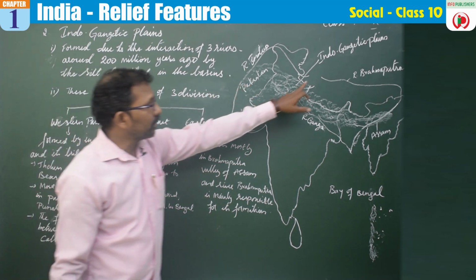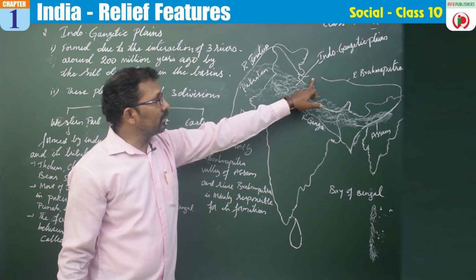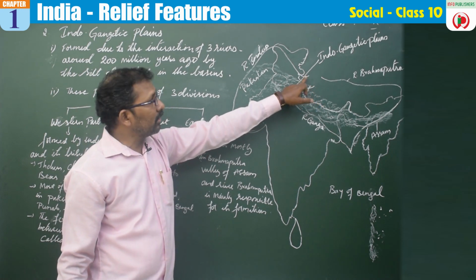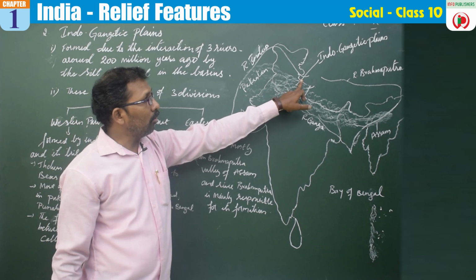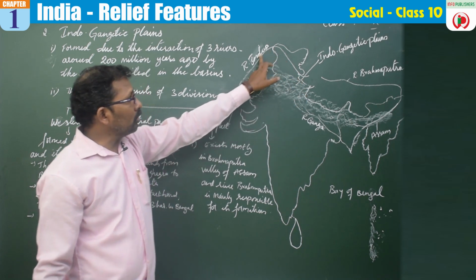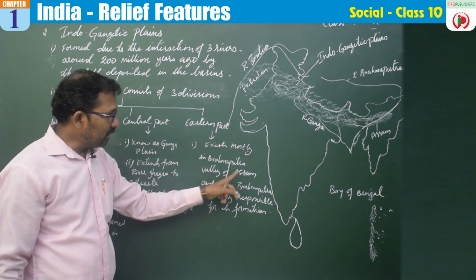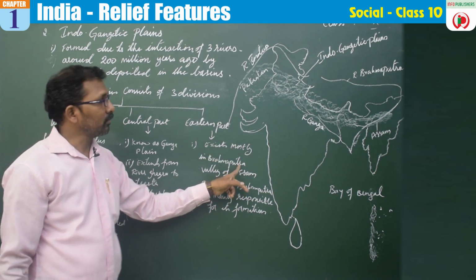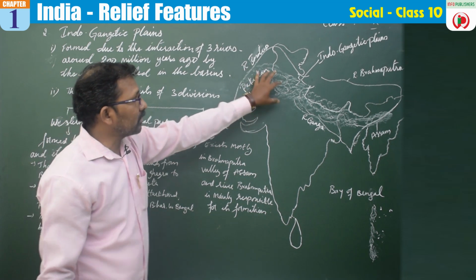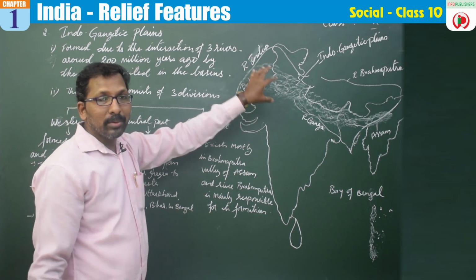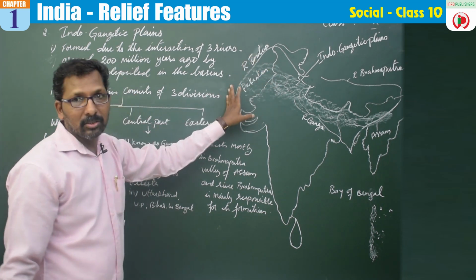Even though the river Indus takes its birth here in the eastern part, a large portion flows through Pakistan and ends up in the Arabian Sea. So a large portion of the western part of this plain is present in Pakistan.